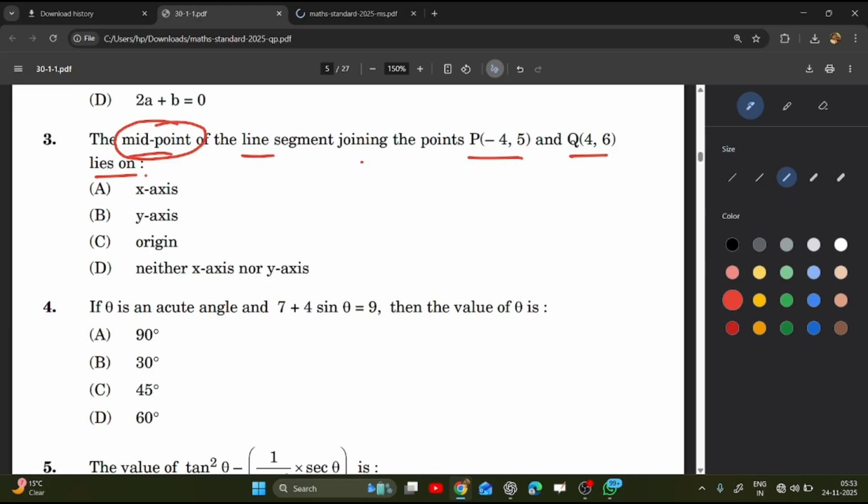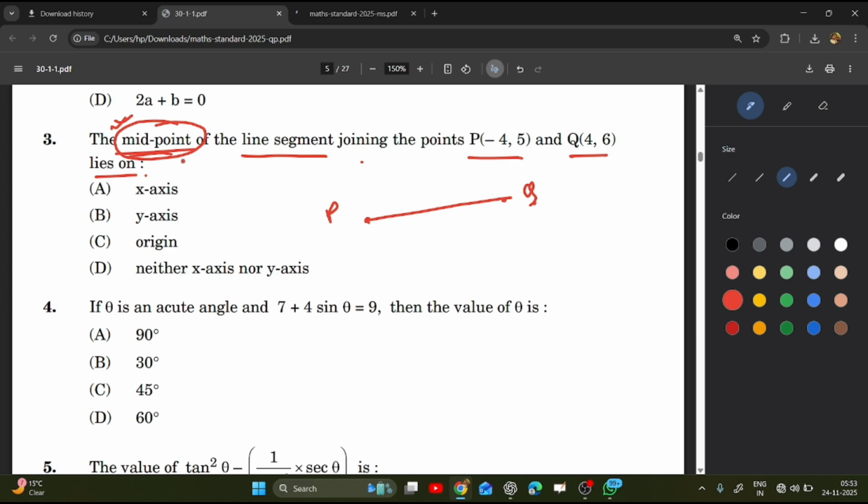There is a line segment which is formed when we join this P and Q. So there are two points P and Q, and when we join these two points, we get a line segment, and the midpoint of this line segment. The sentence says the midpoint. In this sentence our subject is midpoint.